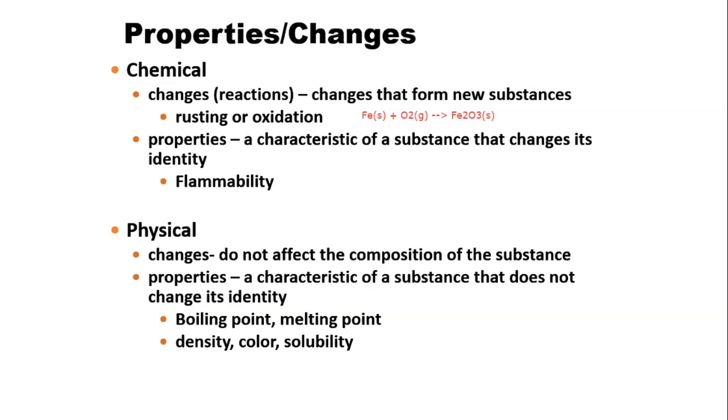We have lots of physical properties: boiling point, melting point, density, which was what the last lab was over, color, solubility. And so in lab 3, you'll be looking at the physical properties of boiling point, melting point, density, and solubility to help you assign the correct substance based on the properties measured.